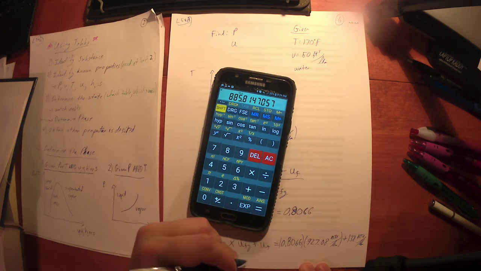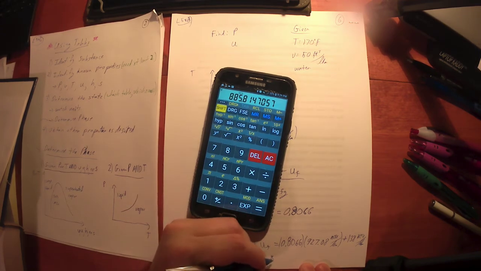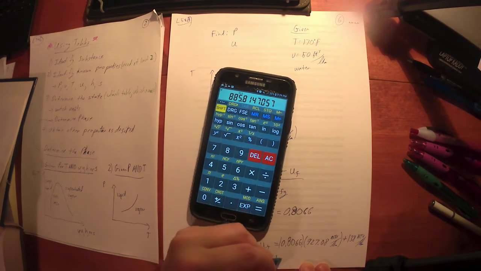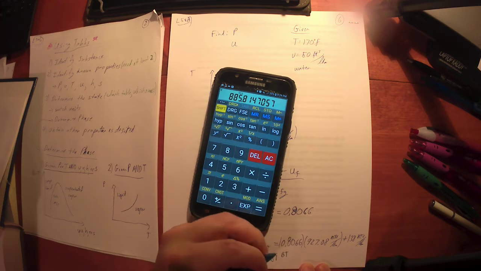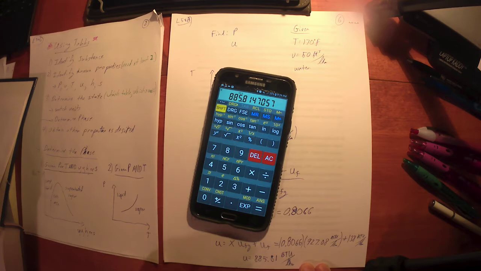U is equal to 885.81. That's too many significant digits, but that's okay. For this case, you really shouldn't go more than 3. 5 is probably excessive, right? 885.8 or 886 would both be okay.